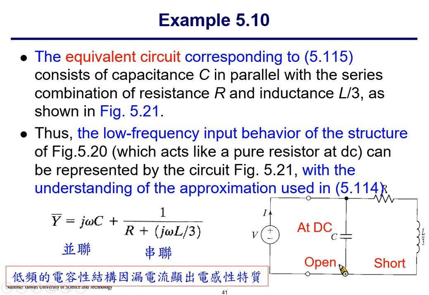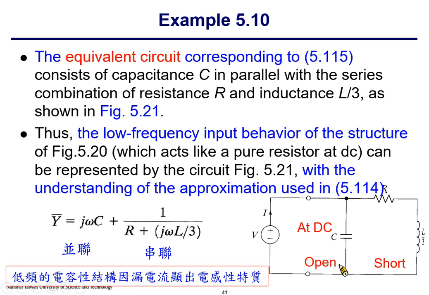Then the resistance will become a very large number, and this path will be disconnected. It will only show the capacitive property. If the conductance is non-zero, then it will show up as a capacitor in parallel with a conductor in series with an inductor. And as you can see here, the inductance is only 1/3 of the inductance.